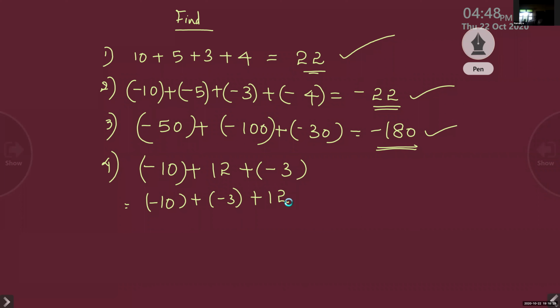Two negative numbers we add. Negative 13 because we take them together. So negative 10 and negative 3, when you add, you will get negative 13. And last you have to add positive 12. Ma'am, the answer is negative 1.